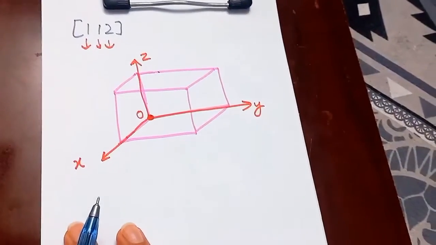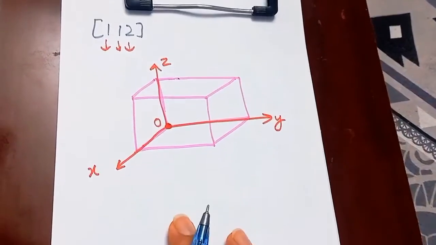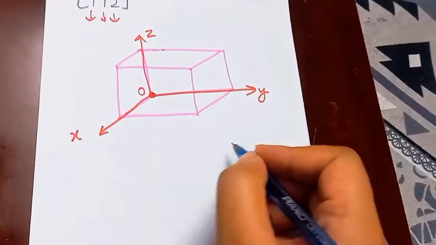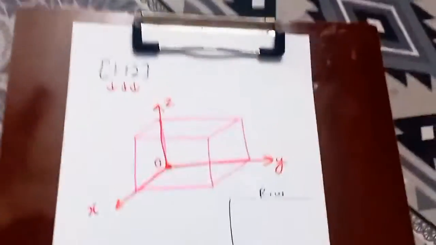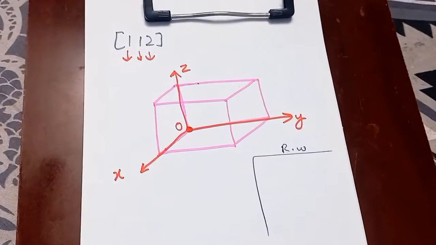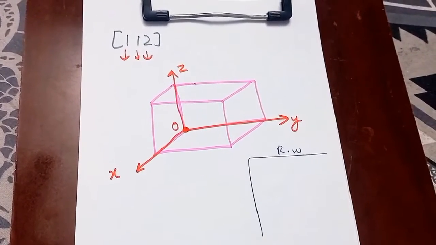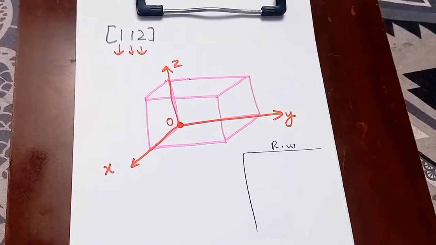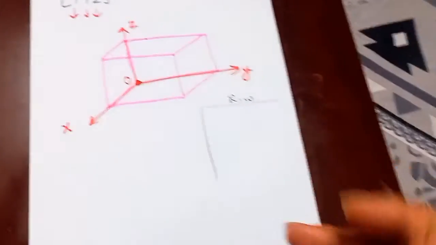We can see here the axis lines are really important in drawing the plane. Now in rough work we'll see what the intercepts of this plane are. In case of directions we get position coordinates from Miller indices, while in case of planes the Miller indices tell us the intercepts of the plane.